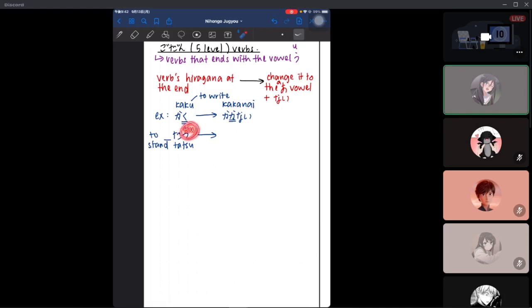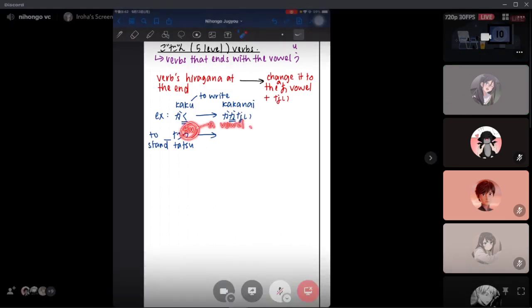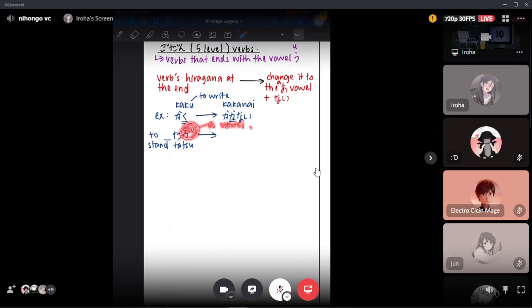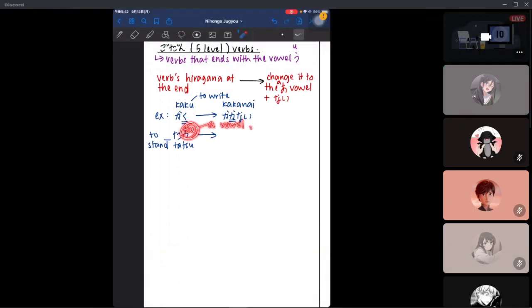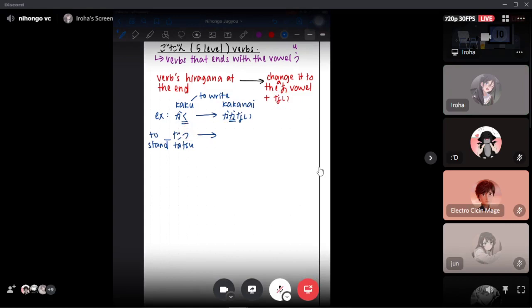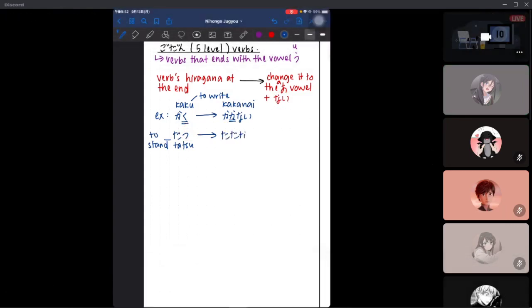So if you change it into the A vowel, what will it become? Ta. Tata, and then you add nai. So then it will become tatanai. Tatanai. You were correct.